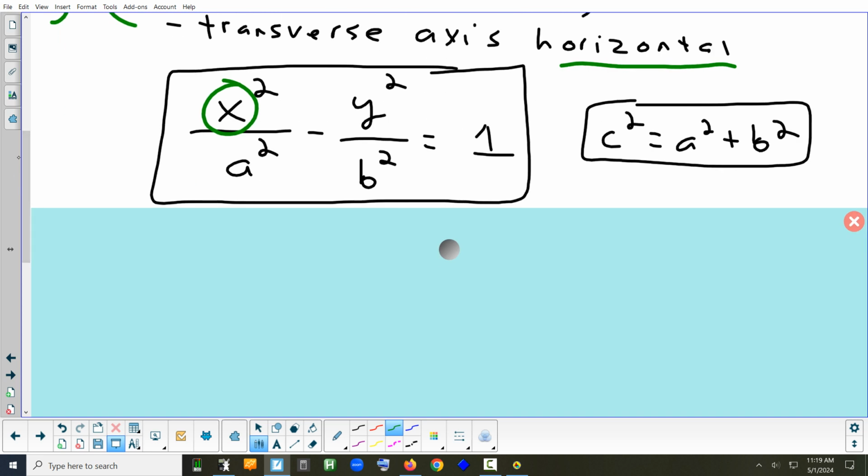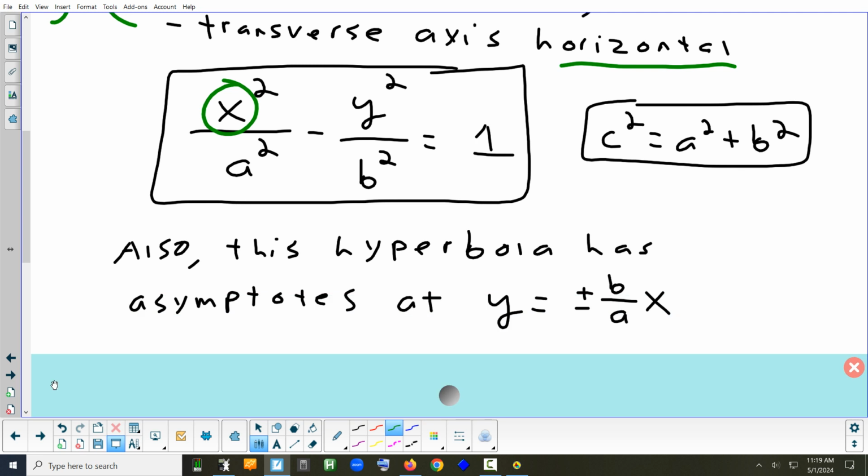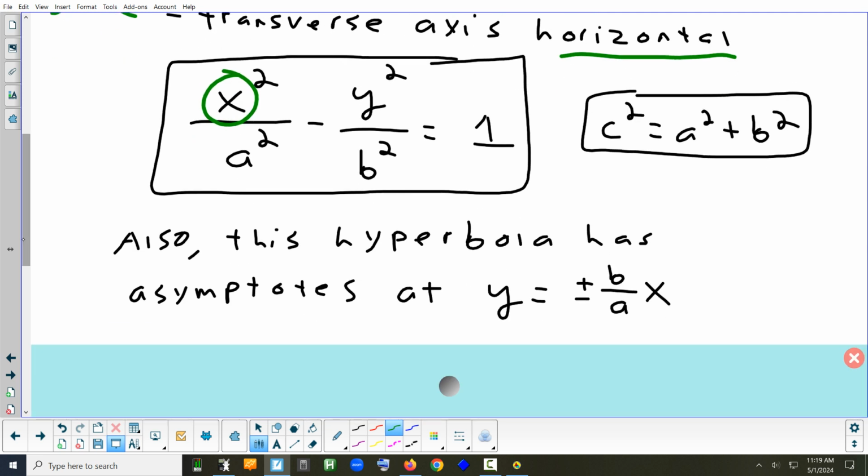And now there's one other thing we're going to talk about here that somebody already brought up. The asymptotes. The asymptotes have a very specific equation. The asymptotes for this one go right through the origin, so you don't have to worry about a y-intercept. All you have to worry about is the slope.